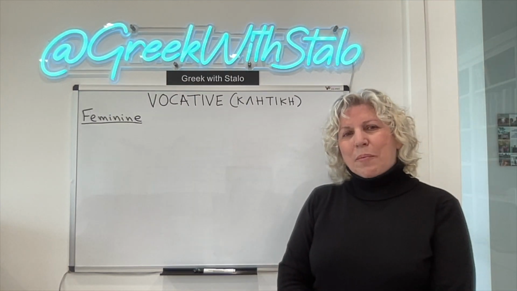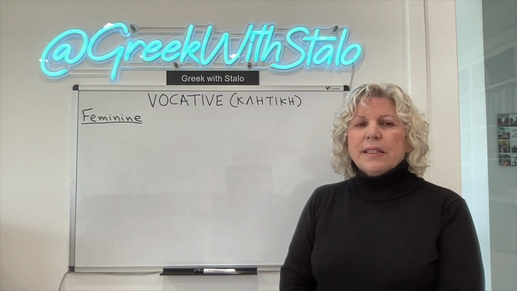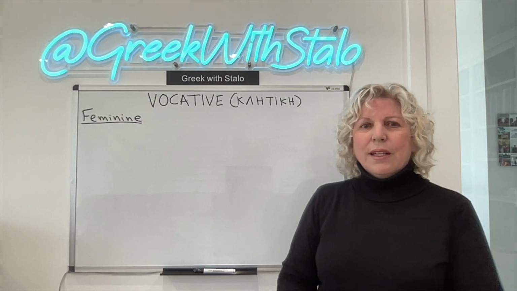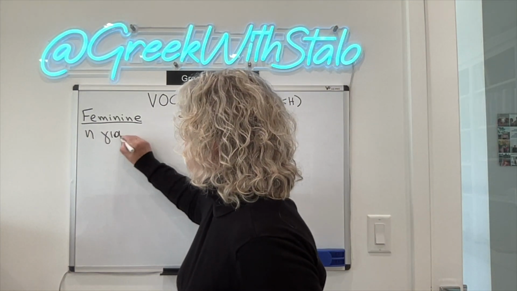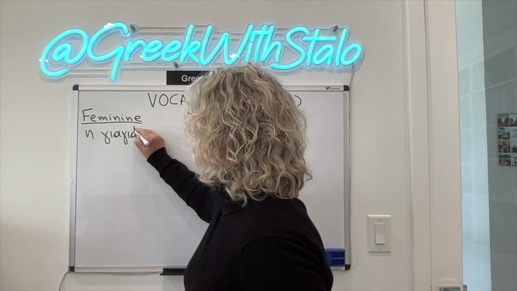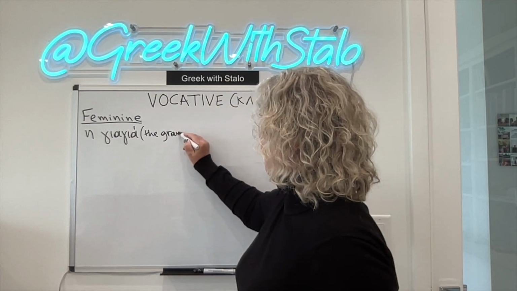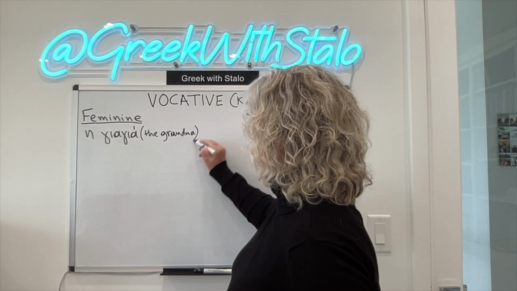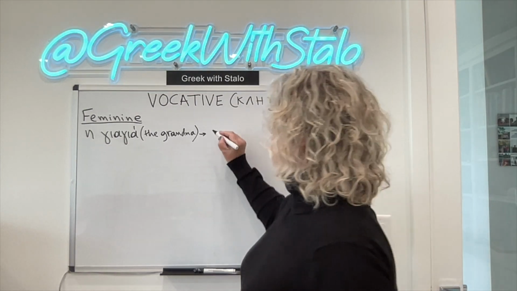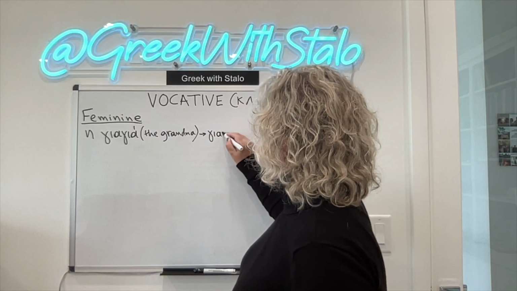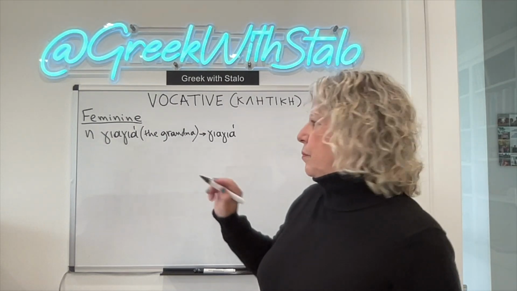Let's move on to the feminine nouns. In the feminine nouns, the vocative case is the same as the nominative case. So, η γιαγιά, the grandma, becomes γιαγιά. In the vocative, γιαγιά.